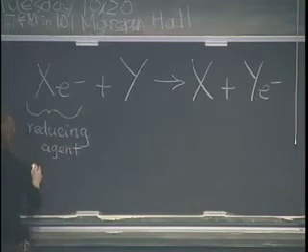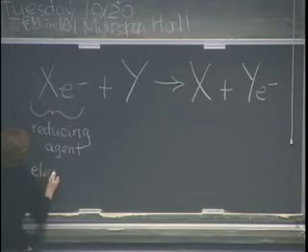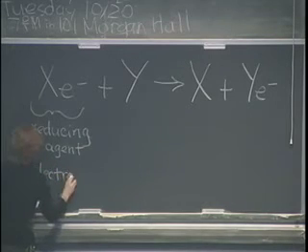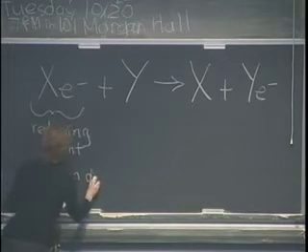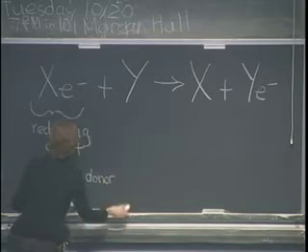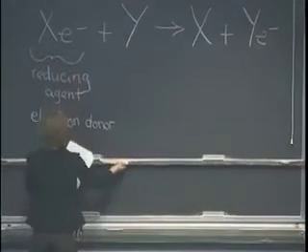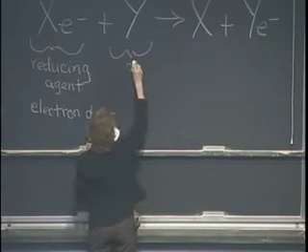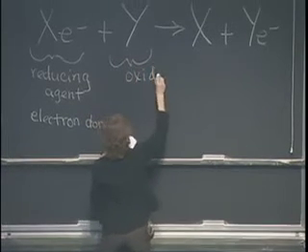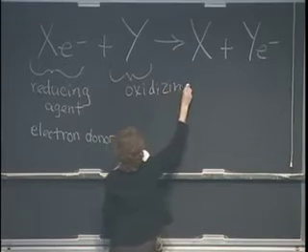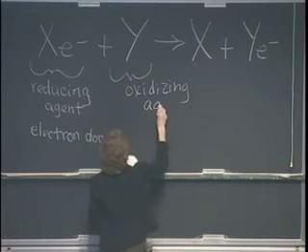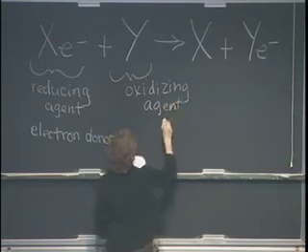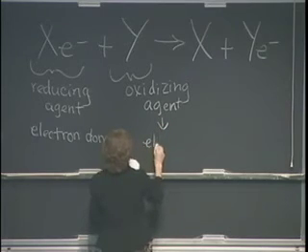Okay, and so this is the electron donor. The reducing agent is the electron donor in the reaction. And this is the oxidizing agent. And you got it, it's the electron acceptor.